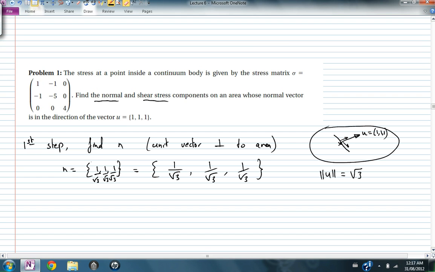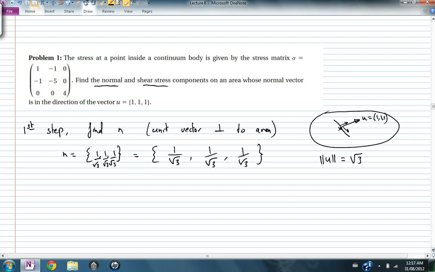So this is my normal vector. So now I have an area with a normal vector n. Then I want to find the force vector per unit area, Tn.